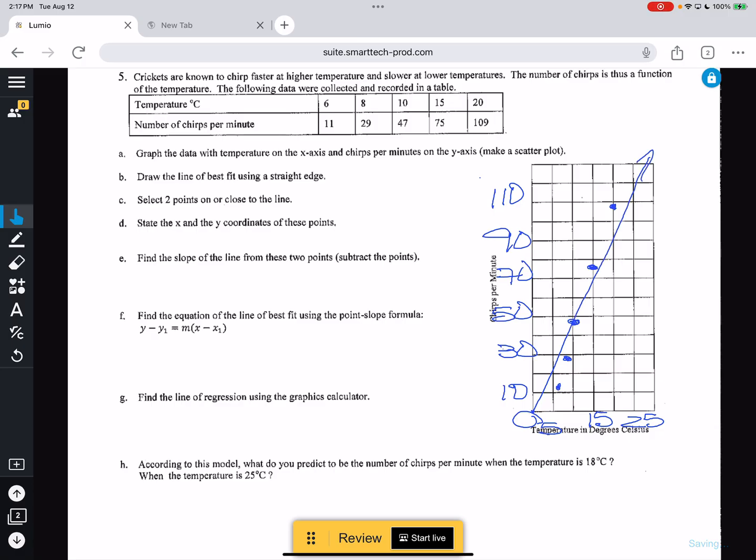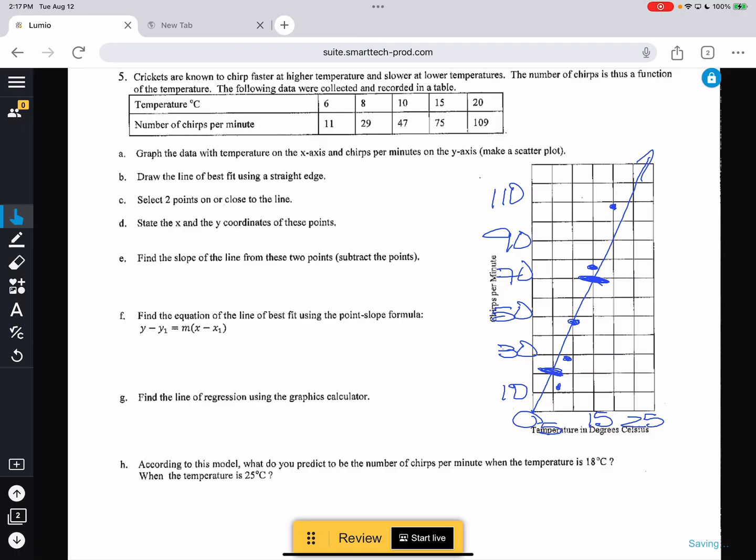Then you pick two points that are close. I picked this one, making it really big, and I picked, I don't know, you could pick this one.